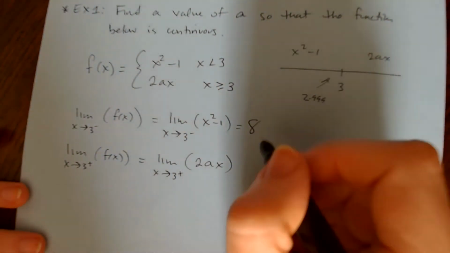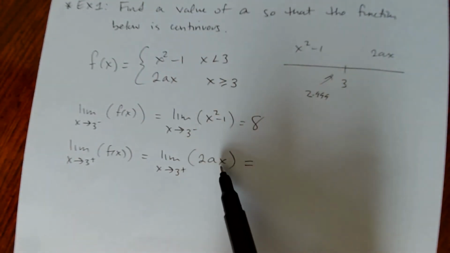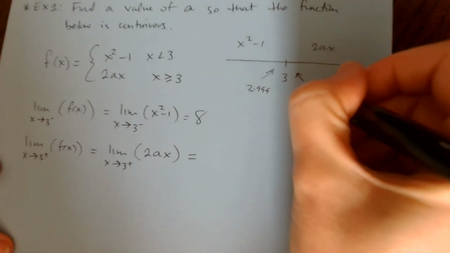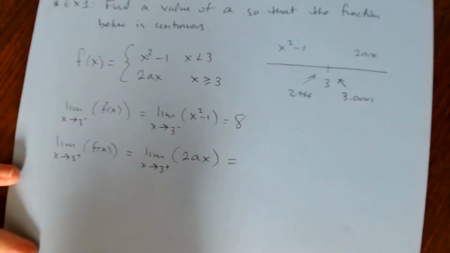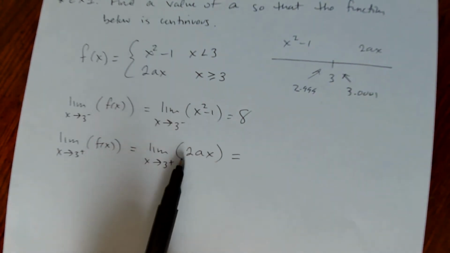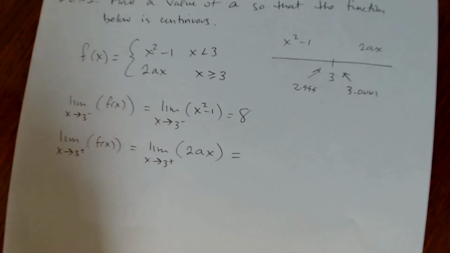Now, x is getting closer and closer to 3, but we're to the right, so like 3.0001. So 2 times a times about 3.